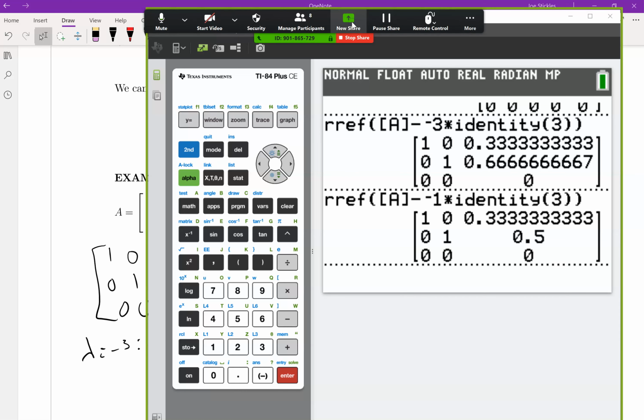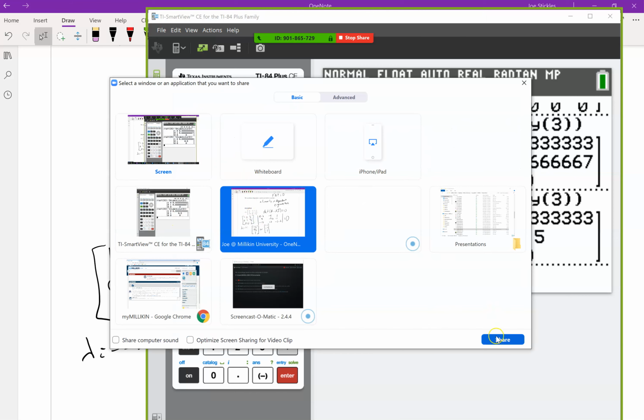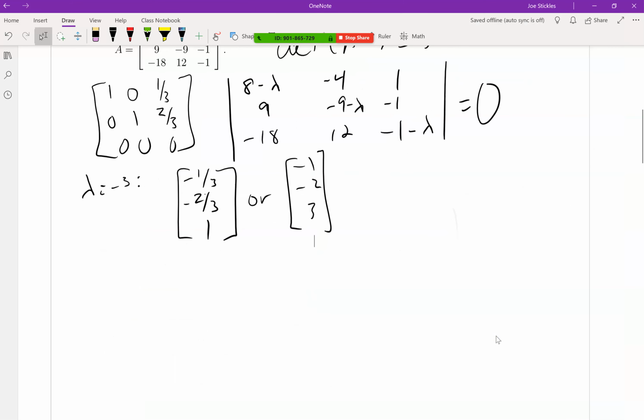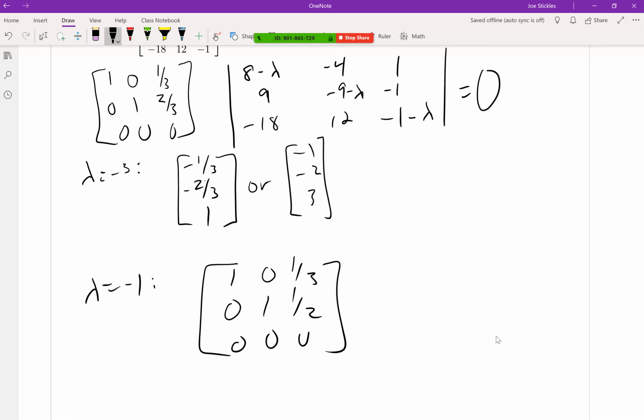So let me go back over to write this down. So for lambda equal -1, we had 1, 0, 1/3, 0, 1, 1/2, 0, 0, 0. So our eigenvector then will be -1/3, -1/2, 1.